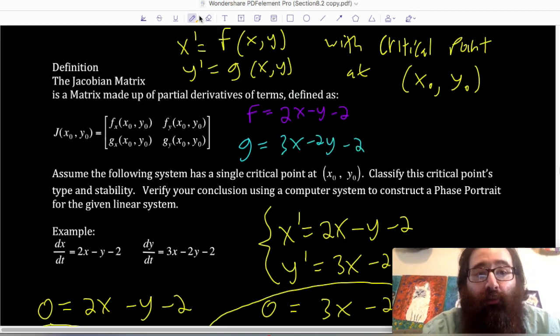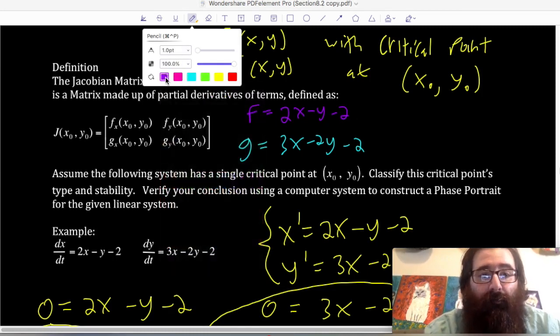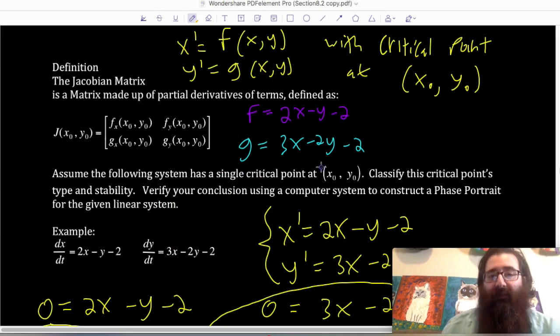Now if I take partial derivatives, these are already going to be constant. The partial derivative of f with respect to x, treating y as a constant, just gives me 2. And f's derivative partially with respect to y, treating x as a constant, just leaves me with negative 1 from that negative 1y.